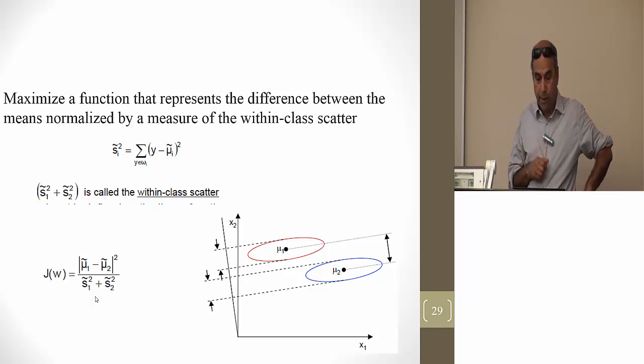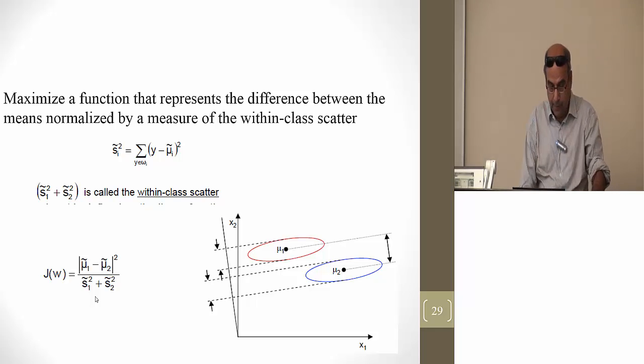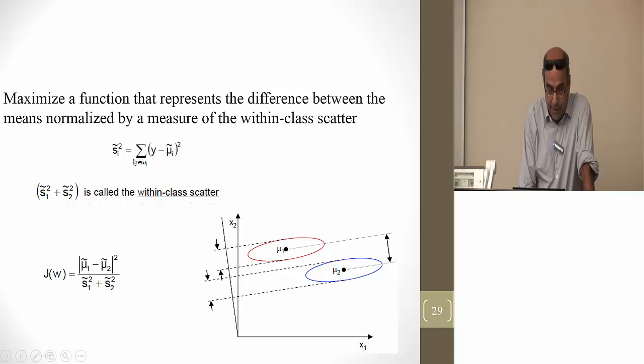So what we have is the within class scatter. We will take different examples of, say, the first person, the ith person. We subtract its projection from the mean, square it, and sum up all these deviations from the mean for each person.